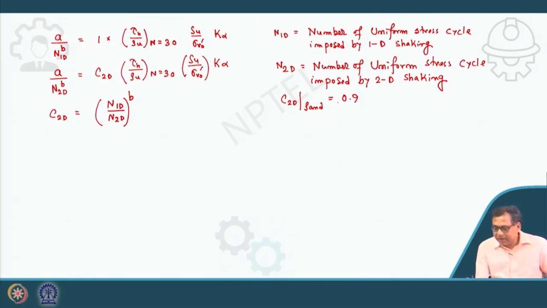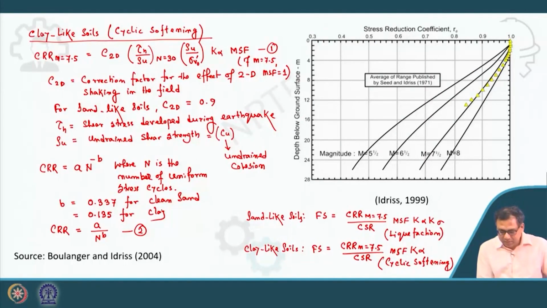Now for sand like soil, C2D is 0.9, and B is taken how much for sand? Clean sand, 0.337.